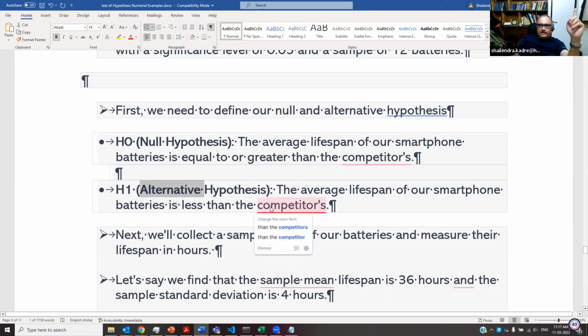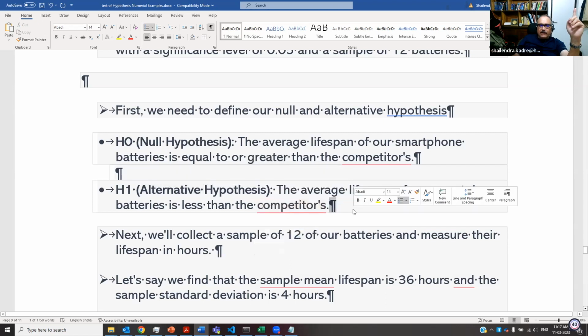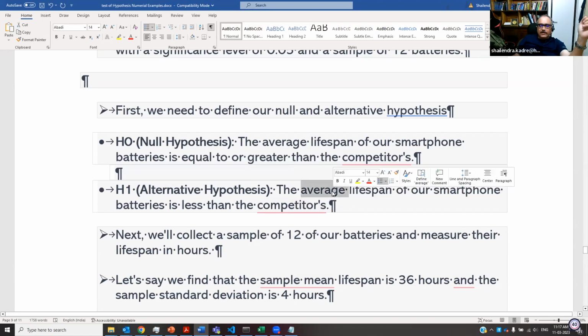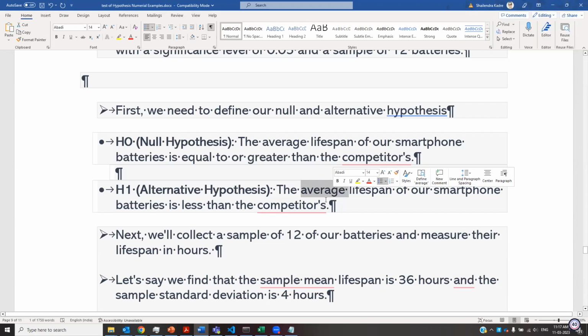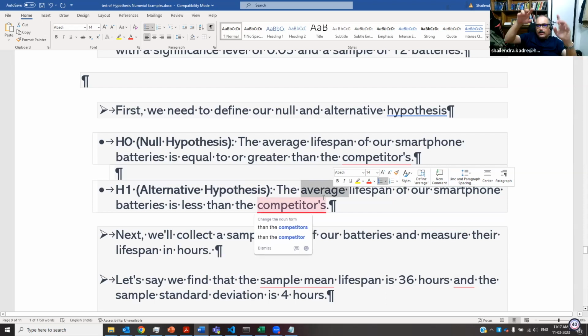So guys, is this a left tail test, a right tail test, or a two tail test? The less than sign is there, that means it's a left tail test. If a not equal to sign is there in the alternate hypothesis, then it can be less also, it can be more also, so it is a two tail test.